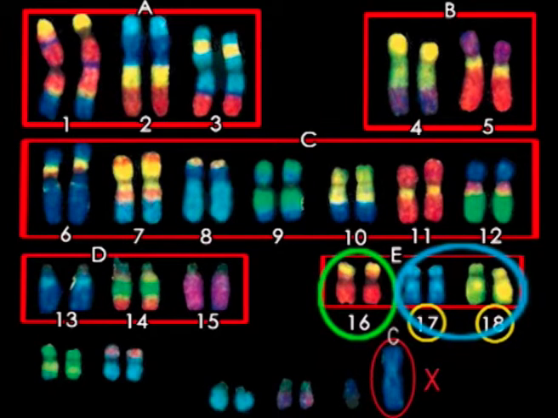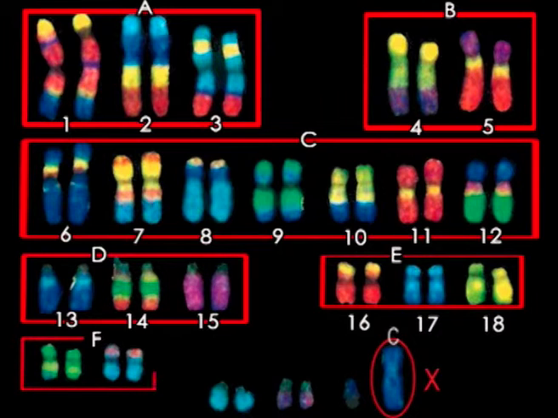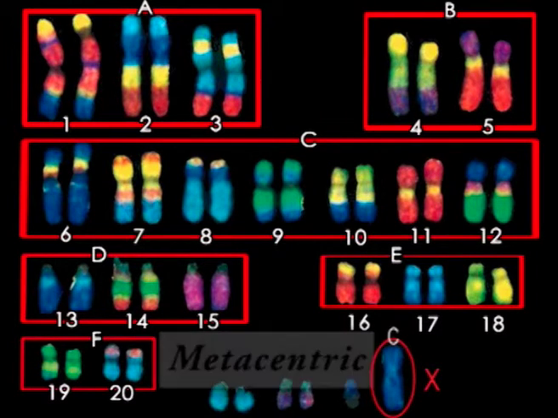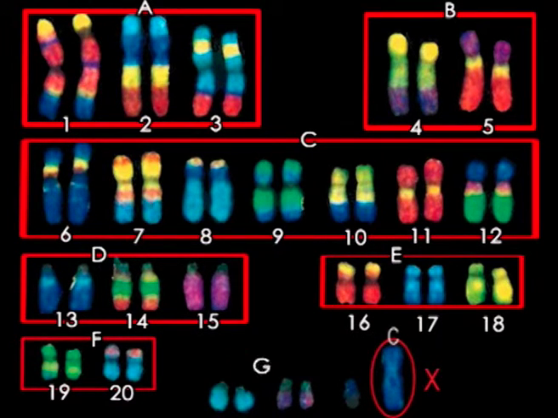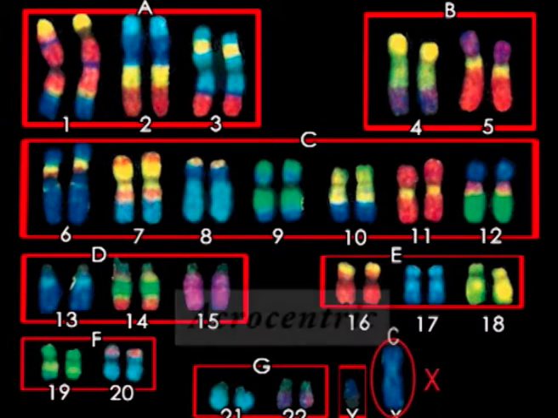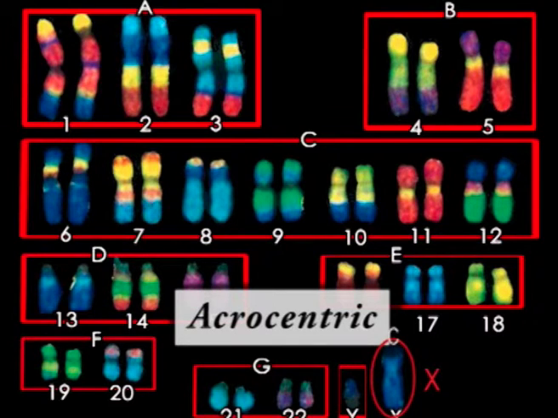Coming to the sixth group, that is F group, we have chromosome number 19 and 20. They are again short and metacentric chromosomes. In the last group, that is group G, we have chromosome number 21, 22 and Y. They are basically short acrocentric with satellite.